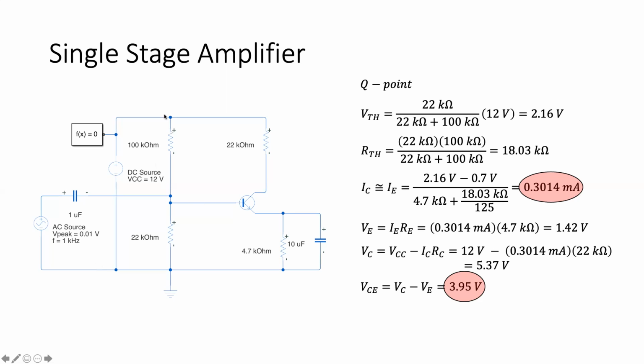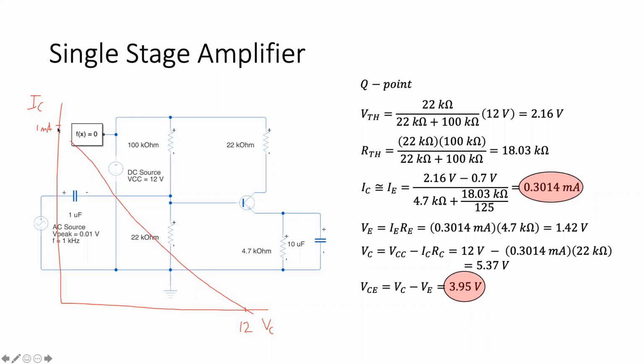So kung magdo-drawing tayo ng load line dito, gamit ako ng ibang kulay. Ito yung ating VC at ito yung ating IC. So ang IC SAT is about 1 milliampere, and yung ating VCC SAT.